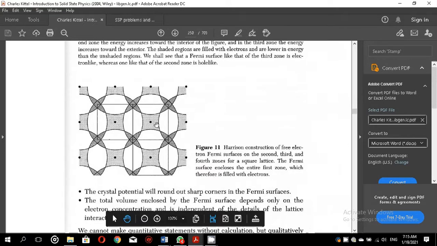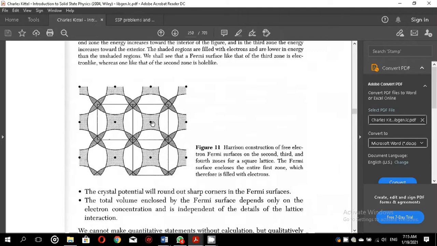Now, if you have an area which is just one common area, like this one, this one, there is no overlapping of circles, and they will give us the part of the first zone filled by the Fermi spheres.